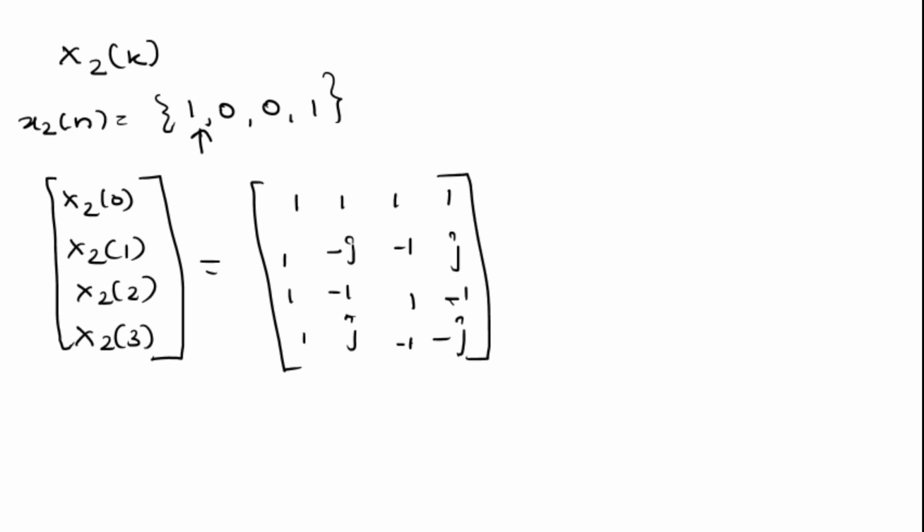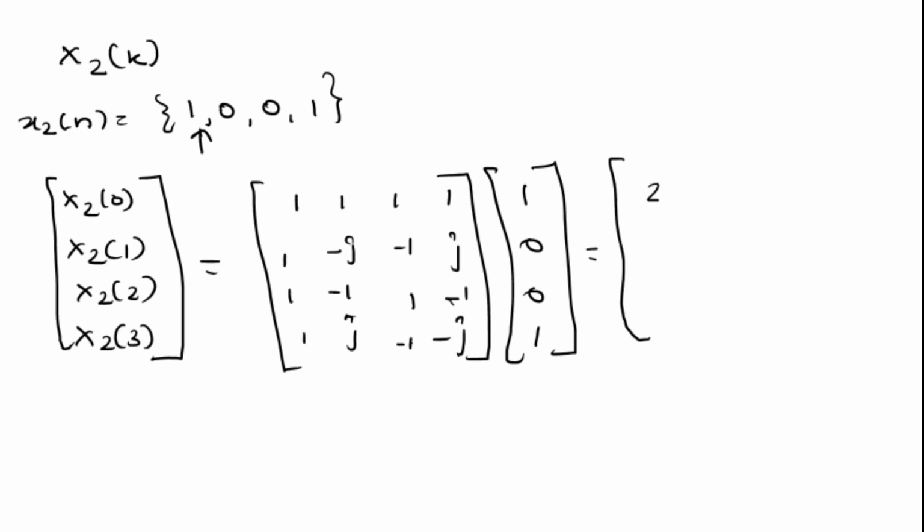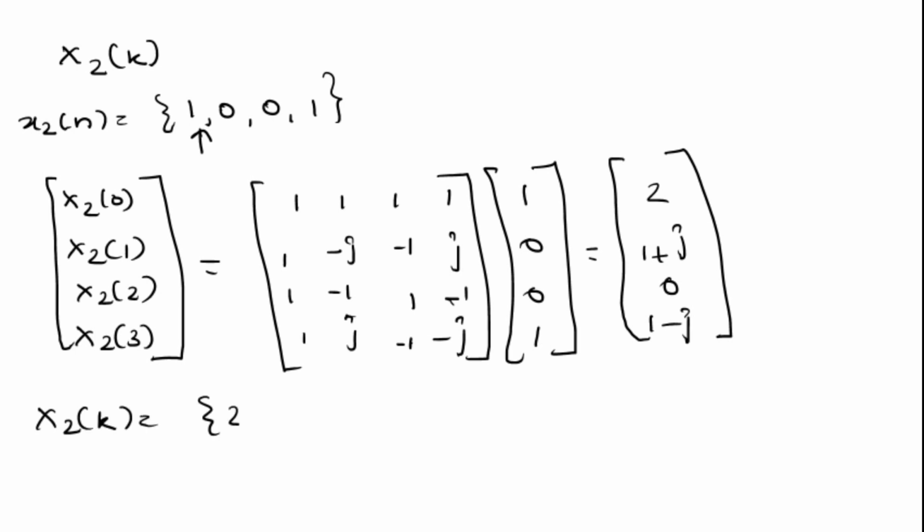That should be multiplied with 1, 0, 0, 1. So first answer will be algebraic sum of all the given samples, that is 2, 1 plus j, 0 and 1 minus j. Then x2 of k is equal to 2, 1 plus j, 0 and 1 minus j.